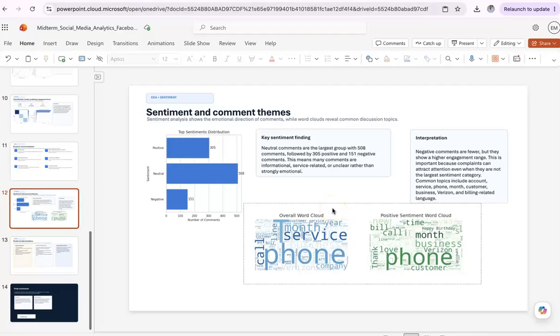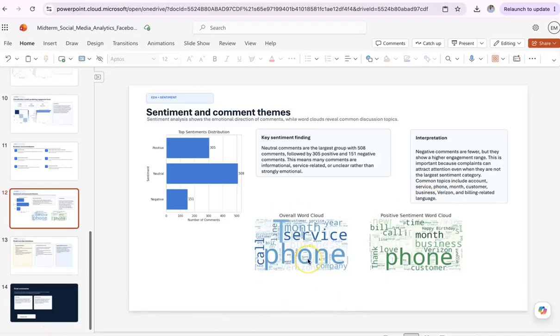So this means that many comments are informational, service related, or unclear rather than strongly emotional. An interpretation gotten from this is that negative comments are fewer, but they show a higher engagement range. This is important because complaints can attract attention even when they are not the largest sentiment category.